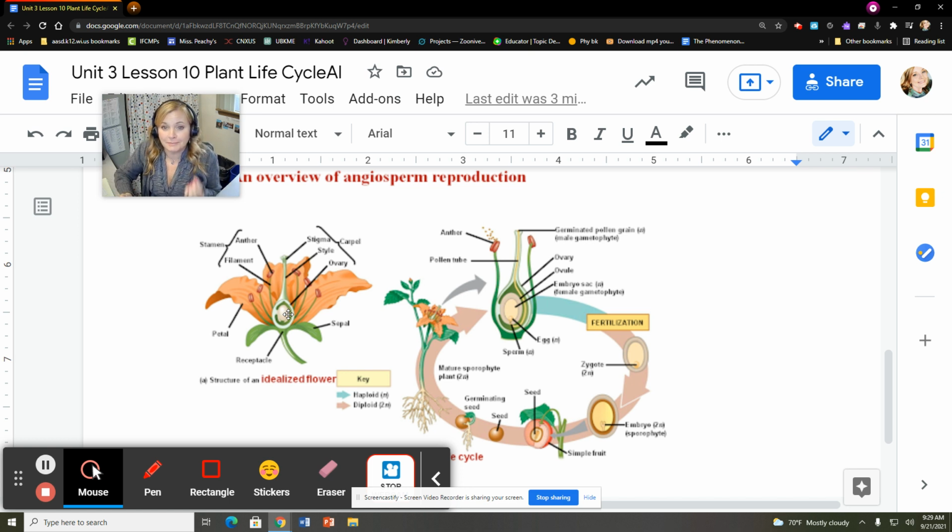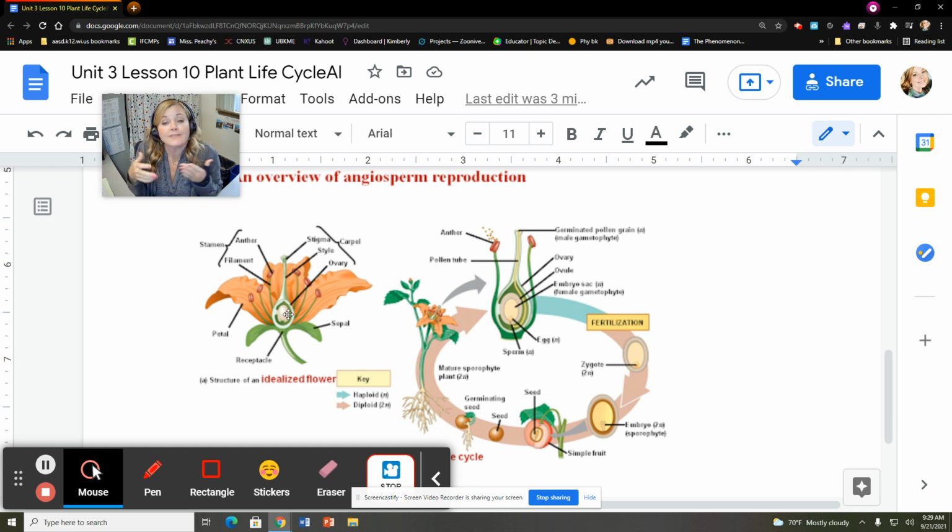You still have the gametophyte producing the gametes, and in this case, we don't have a sporophyte. The sporophyte, if you will, is the entire flower itself, because they're not producing spores, but they're producing seeds. These are seed-bearing plants. They're a little different.